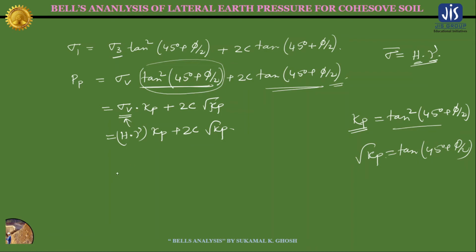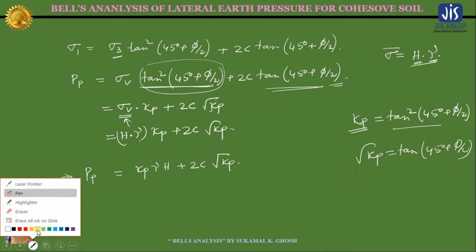If you simplify it more, you will have Kp into gamma into h plus 2c root over Kp. So this is the expression for the passive earth pressure for cohesive soil.